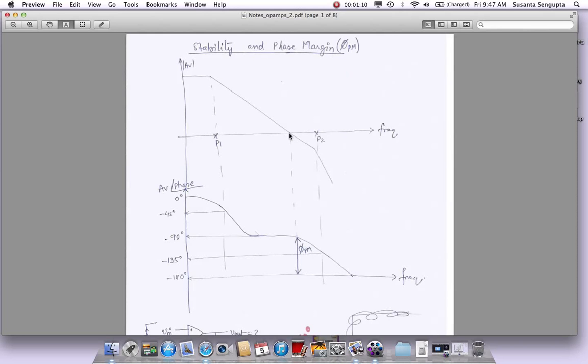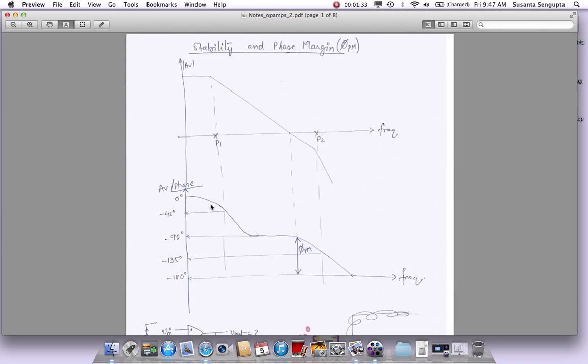Then at lower frequencies, the phase in the beginning will start from 0 degrees. There is no phase shift at all. But by the time we come to this pole location P1, the dominant pole, as you all might know, it goes through a 45-degree phase shift.